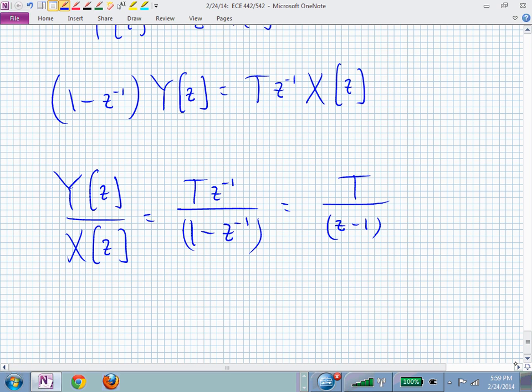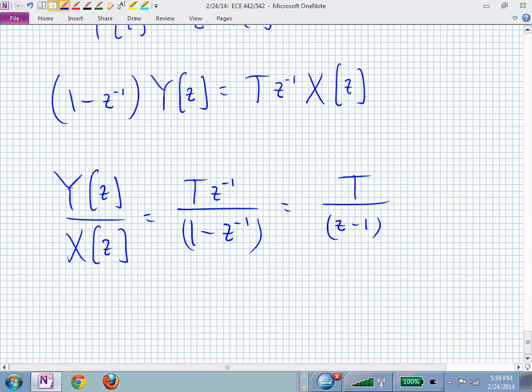And that's what we're doing in the frequency domain for the discrete time representation of a discrete equivalent using the forward numerical integration approach. So what?